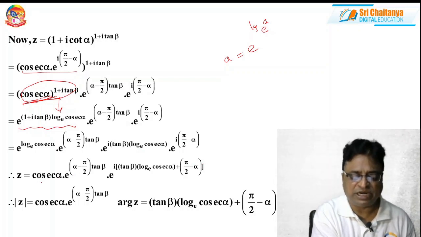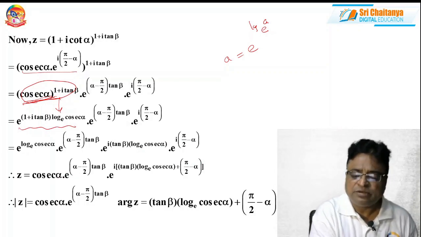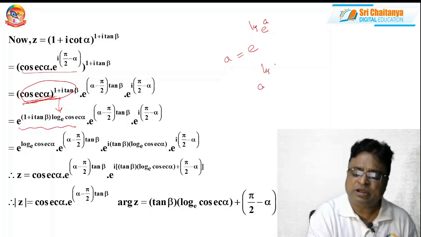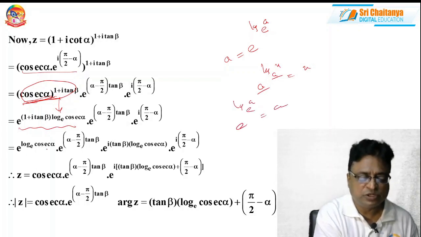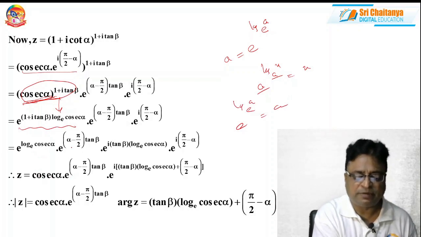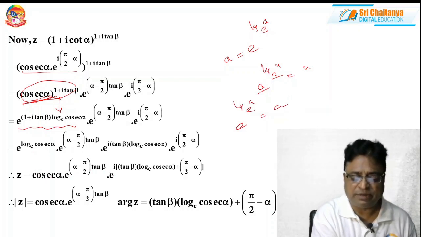Therefore, my z is equal to, ultimately what I got? Cosecant alpha into, because what is a power log x base a, that is x only, or e power log a base e equal to a only. So this is cosecant alpha e power (alpha minus pi by 2) tan beta into e power this plus this i into.